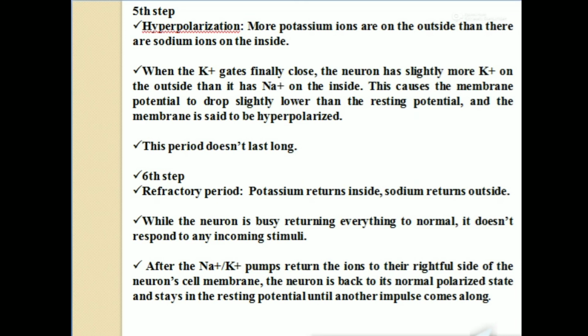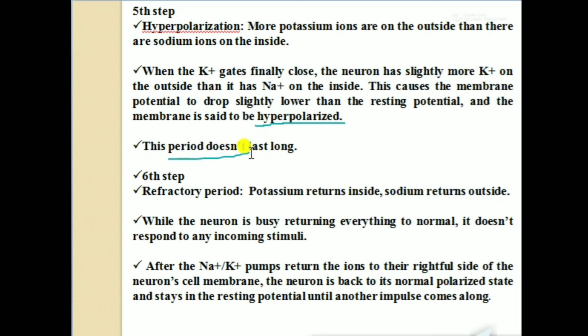What is hyperpolarization? More potassium ions are on the outside than there are sodium ions on the inside. When the potassium channels finally close, the neuron has slightly more potassium on the outside than it has sodium ions on the inside. This causes the membrane potential to drop slightly lower than the resting potential, and the membrane is said to be hyperpolarized.